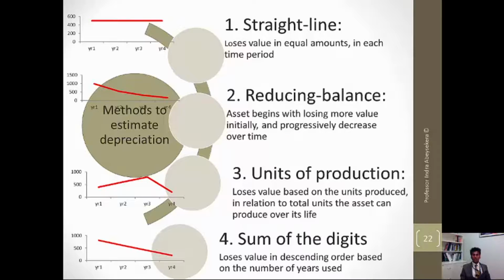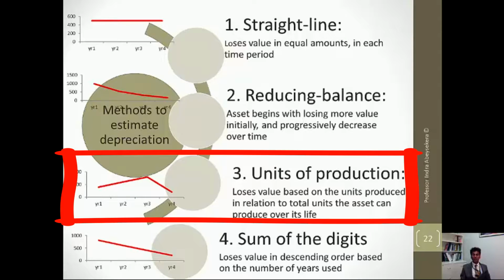Units of production is based on the actual number of units produced by the asset. It loses its value based on the units the asset has produced over its capacity to produce a certain number of units.